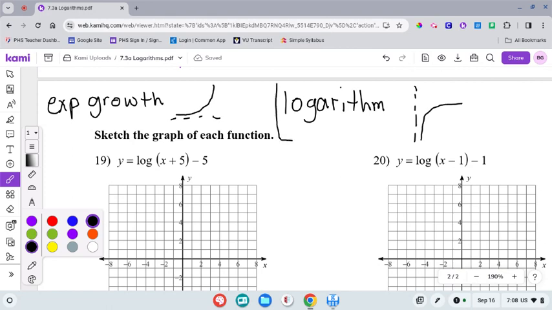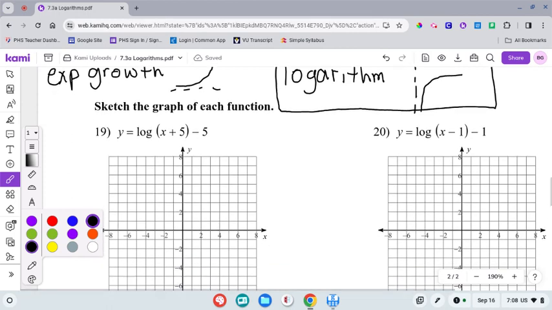So I want you to memorize this basic shape, in addition to the other basic shapes that you should know: parabola, V shape, square root shape, all that stuff. But this is what a logarithm is going to look like. The key here is it's going to have a vertical asymptote. If we look at number 19, here's where it's going to have your vertical asymptote.